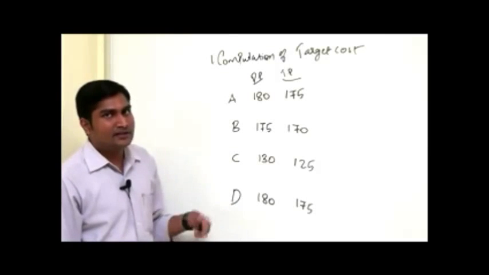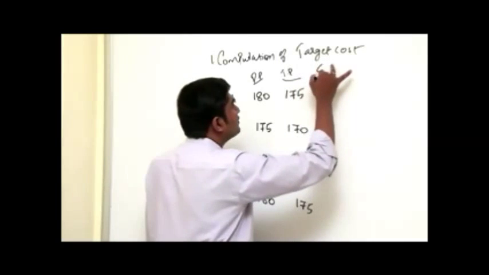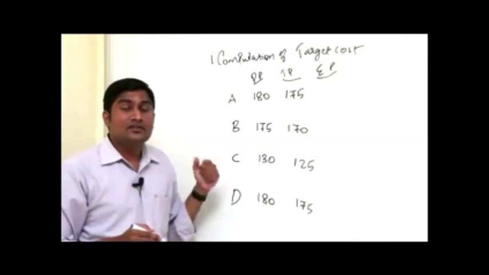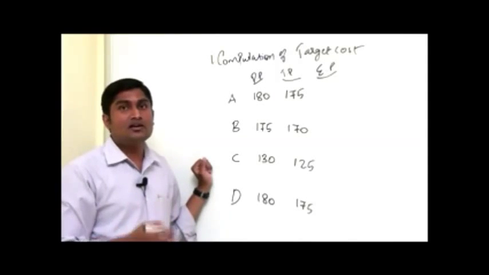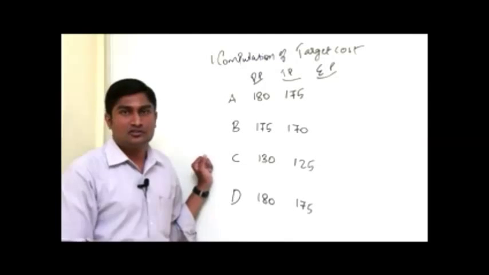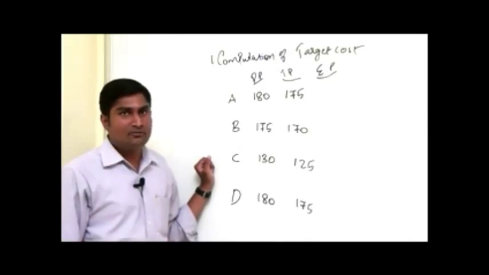Now the expected profit. The expected profit is given in cost terms. It is given that the gross margin, the markup expected by the company, is 25% on cost. 25% on cost means 20% on selling price.